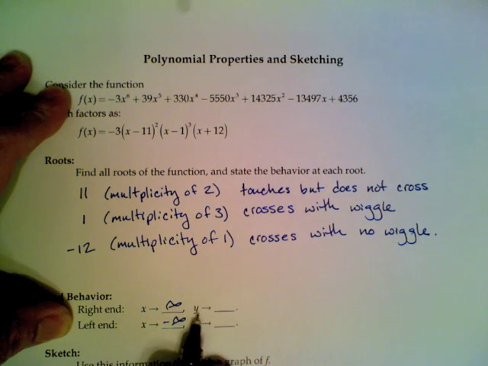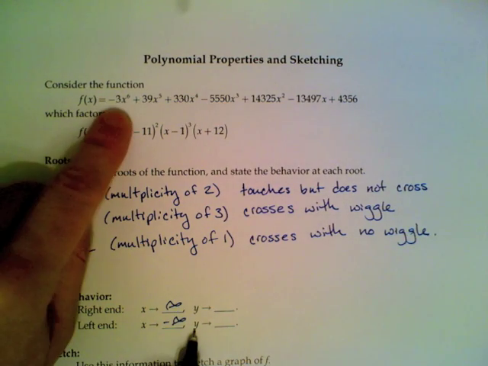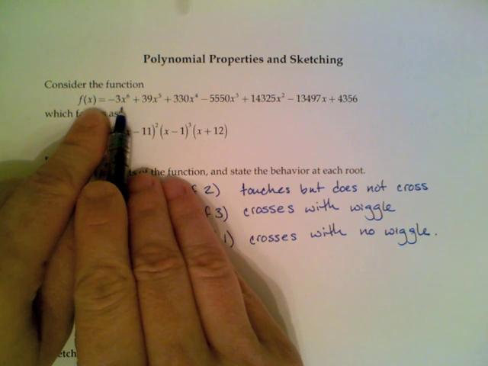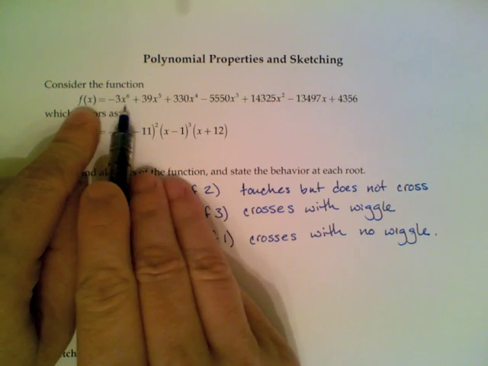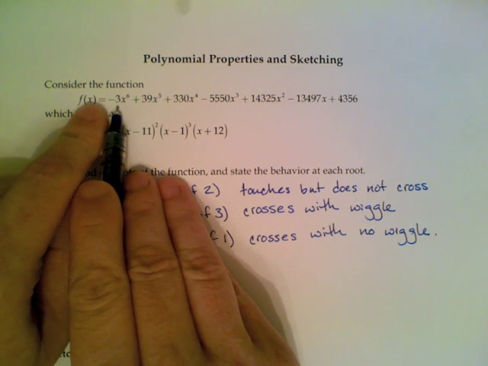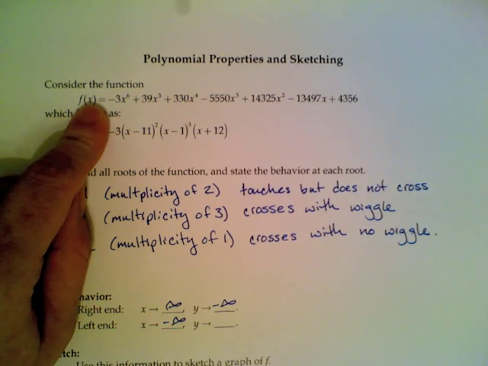To see what the y's are doing on each end, you need to look at the actual function. So all I need to look at is the dominating term. My lead coefficient is negative, which means on the right end, this is approaching negative infinity.